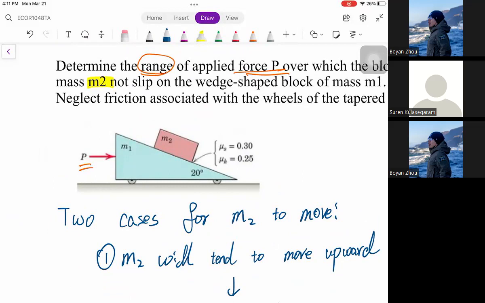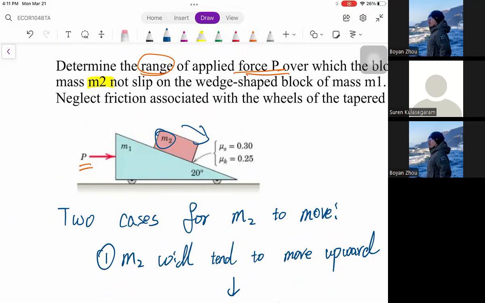We need to analyze when P is 0, when the whole system is not moving, would the block actually drop down? If the block is not going to drop down, we can easily find out P min is equal to 0.